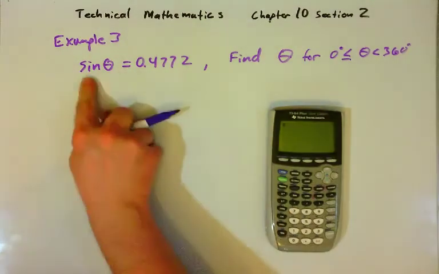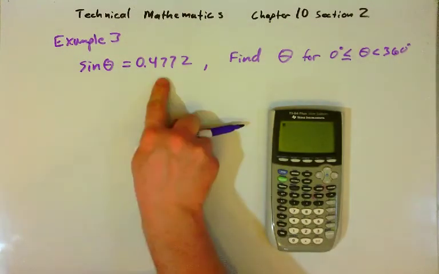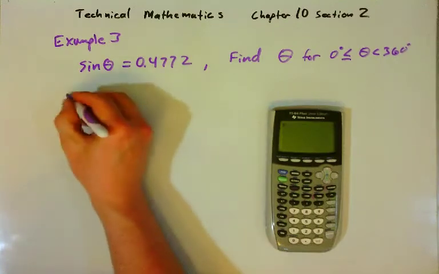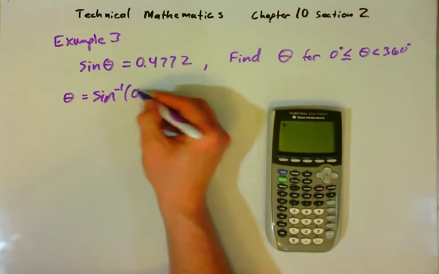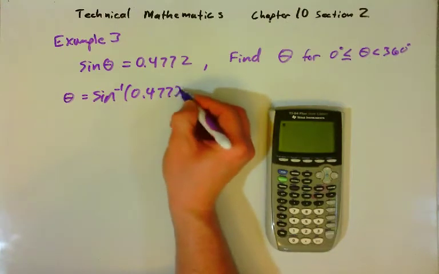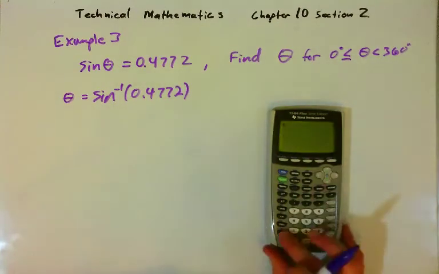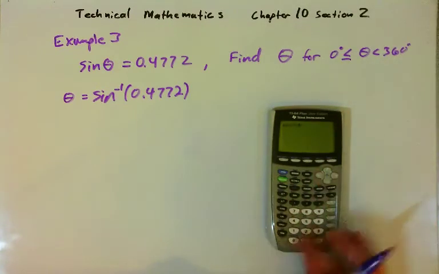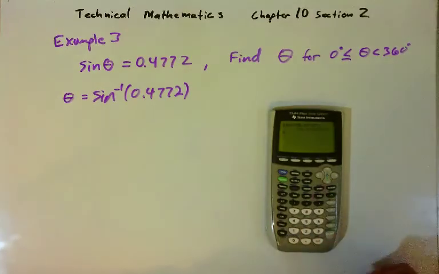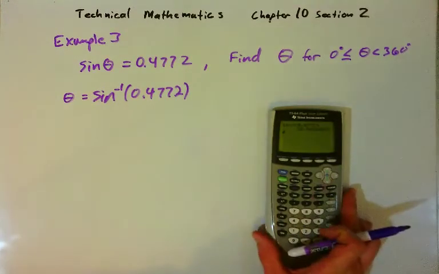We know that if the sine of the angle is equal to some number, we can find the angle by taking the inverse sine of that number. And so we'll type that in. The inverse sine of 0.4772 is equal to 28.50.